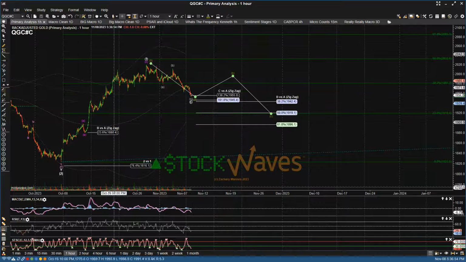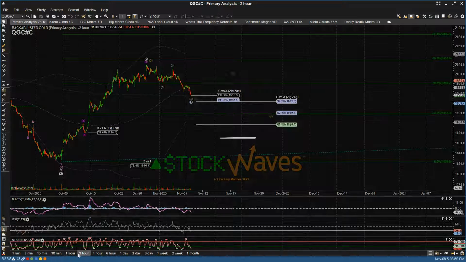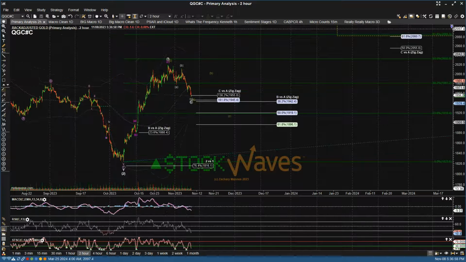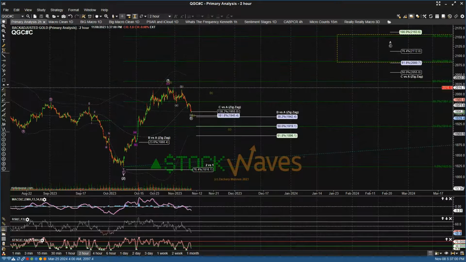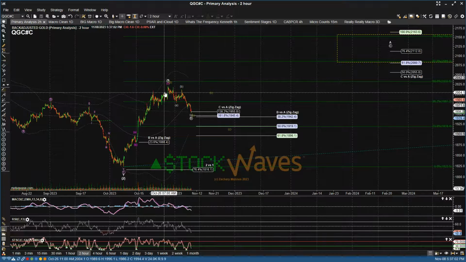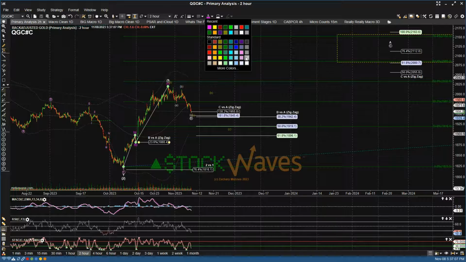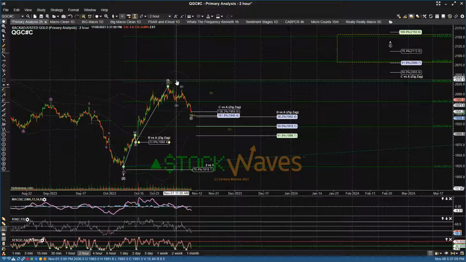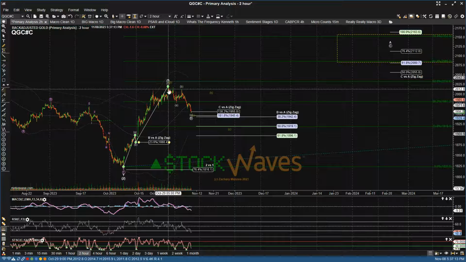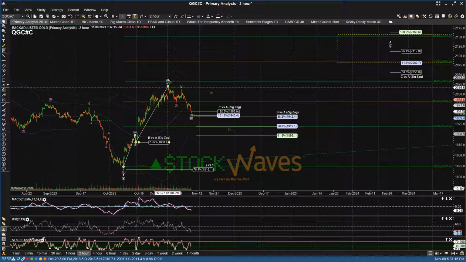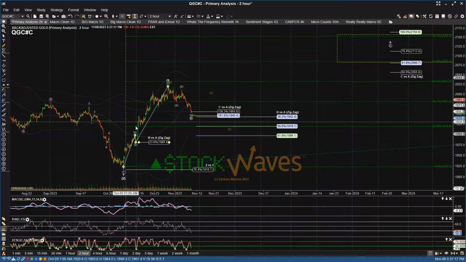Here, as many of you guys have asked, as far as my color coding, white on a black background is always my primary. And I use color coding to try and put emphasis on some other things. Here, the emphasis was on looking for an ABC structure because we're looking at this as a diagonal, and that's what we're looking for as a possible leading diagonal in the minors.